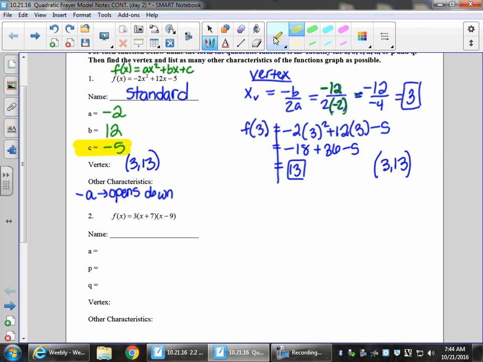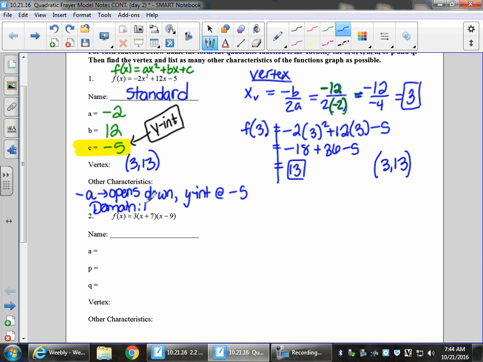C is the y-intercept. So my y-intercept is -5. Any other characteristics? Can we talk about domain and range? Domain will always be all real numbers, so domain, all real numbers. How about the range?